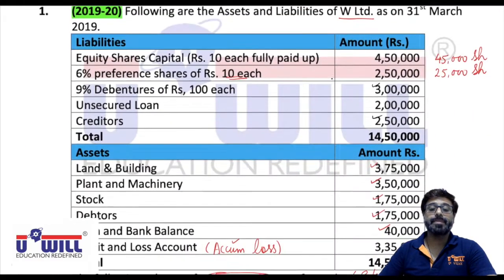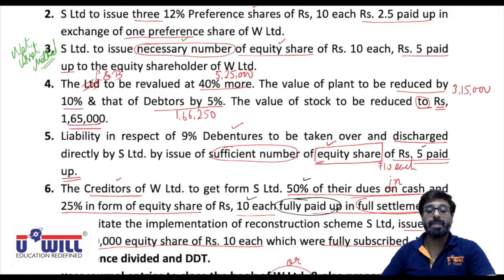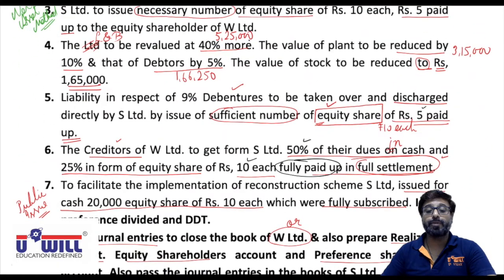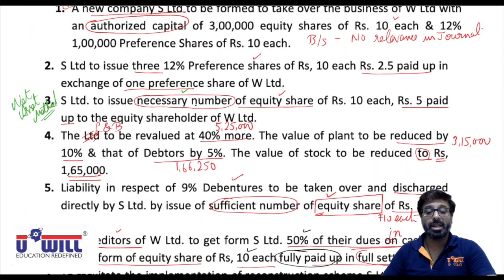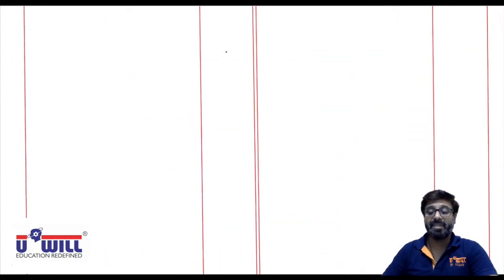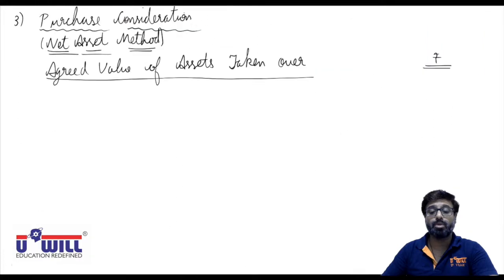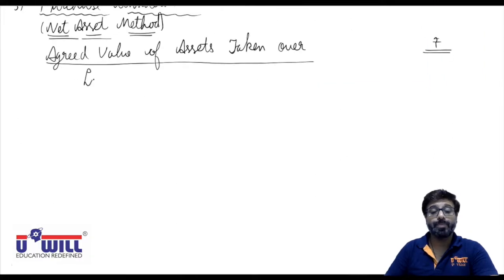So you all will get here. First is land and building, but 40% more, so 5,25,000. From adjustment number 4 you can see land and building 5,25,000, 40% more value.